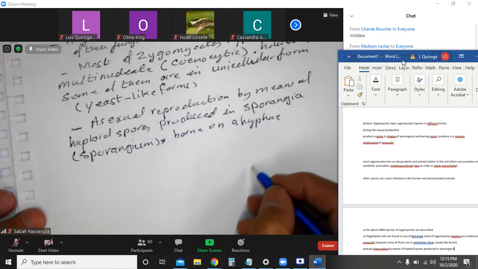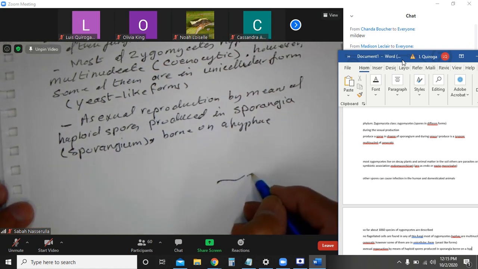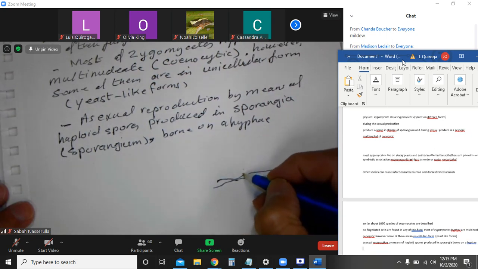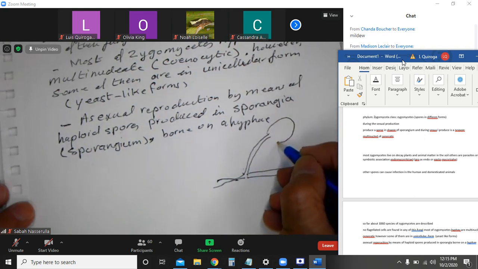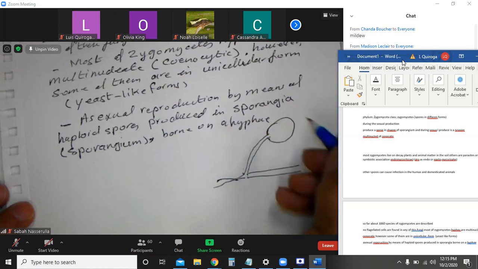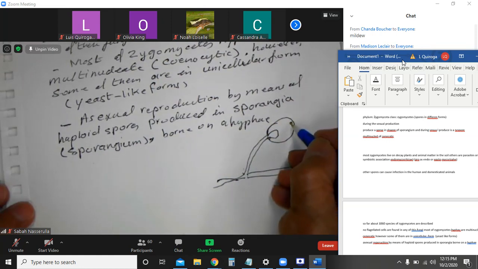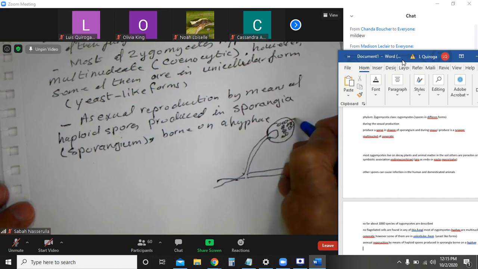As I mentioned, in these species this is the hyphae, the erect hyphae like this, and here is the sporangium. Inside, these are the spores.